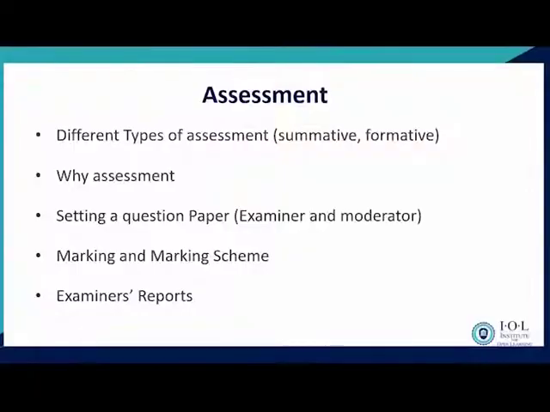Okay, the B1 marks, the independent method marks, the A1 marks, which is accuracy marks, and so on. That will really help you in your marking as a teacher. And then the last part of assessment is the examiner's reports.